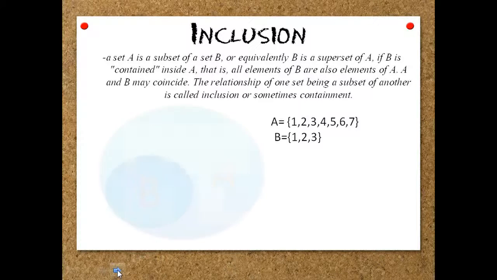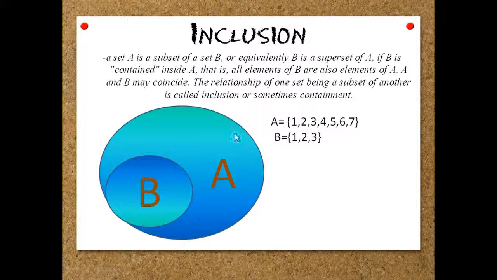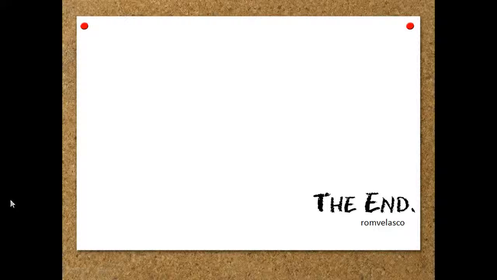Alright, so this is the set A, which is 1, 2, 3, 4, 5, 6, 7, and set B is inside the set A. So that is simply the inclusion. We can say that B is a proper subset of A, and conversely, A is a proper superset of B. So that's the end of the first part of the set theory. Thank you for listening. This is Romelyn Velasco.